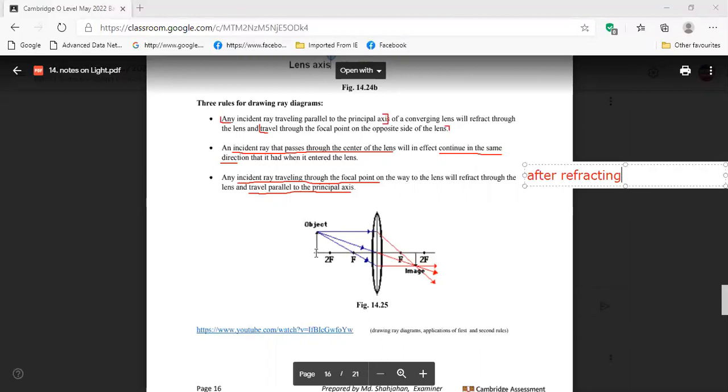And 2F means there are two focal points. 2F means you see, from the optical center to F we have the focal length, right? Then 2F means double the focal length. Is it clear?